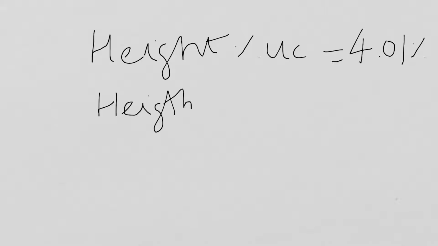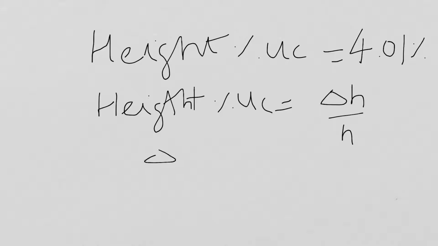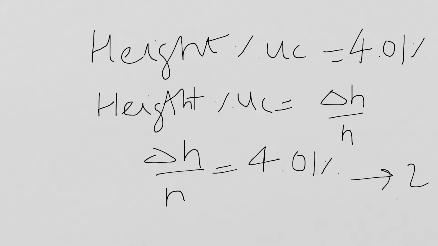So we will write here 4.01%, and the percentage uncertainty is given by delta H upon H. So delta H upon H is equal to 4.01%. And this is equation number 2.